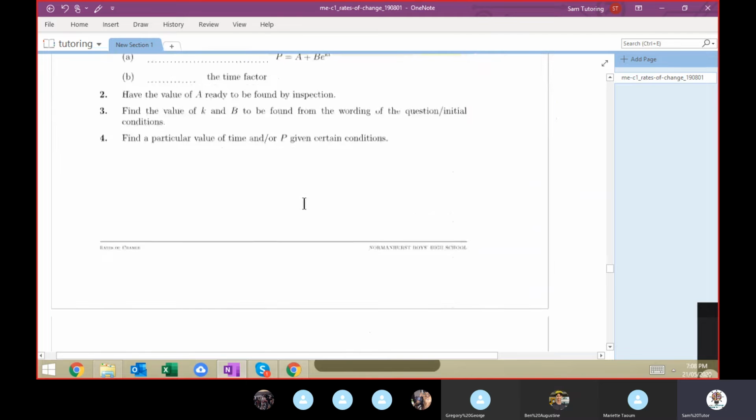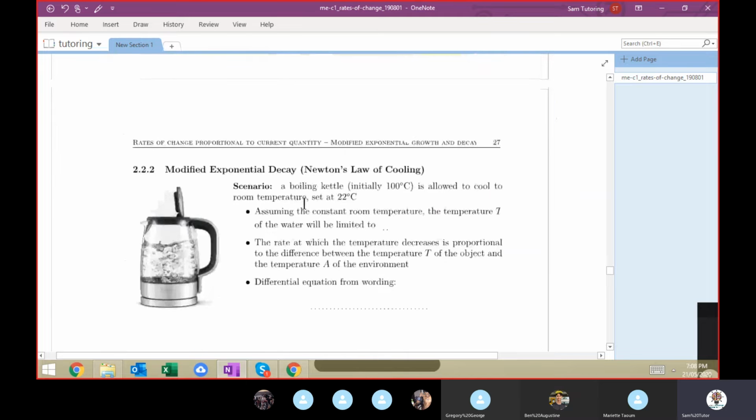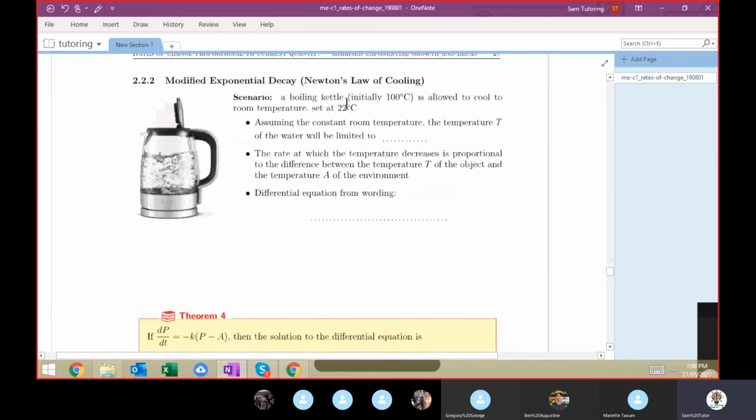Scenario: a boiling kettle, initially 100 degrees, is allowed to cool to a room temperature set at 22. Assuming the constant room temperature, the temperature T of the water will be limited to, obviously, 22 degrees. It can't go below that, that's the room temperature.